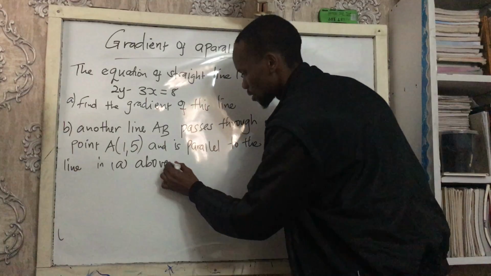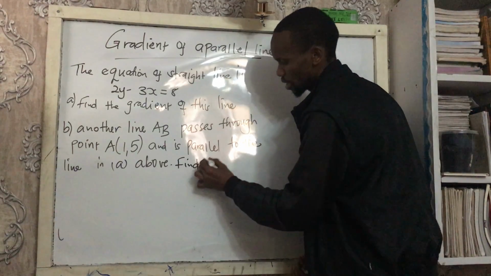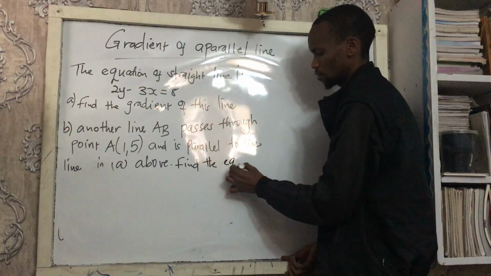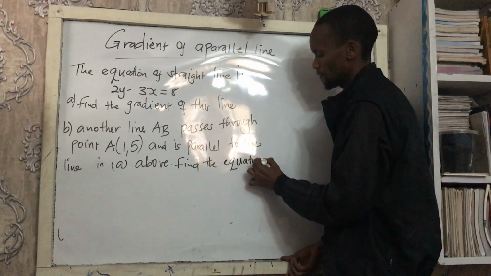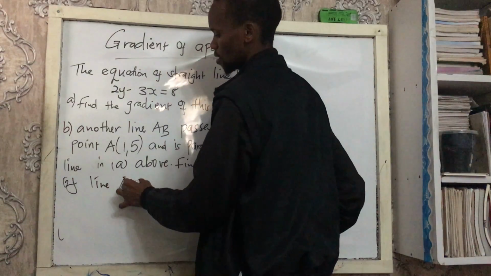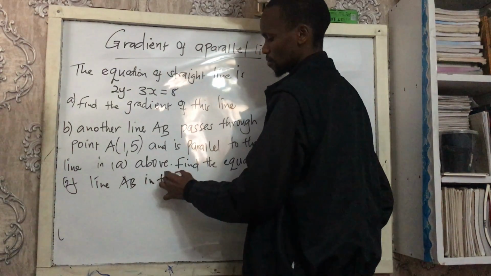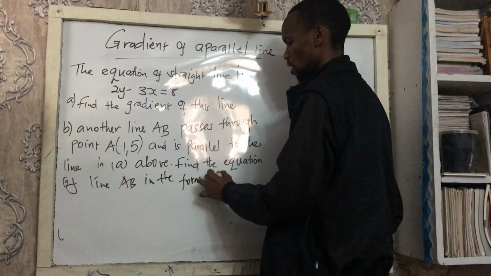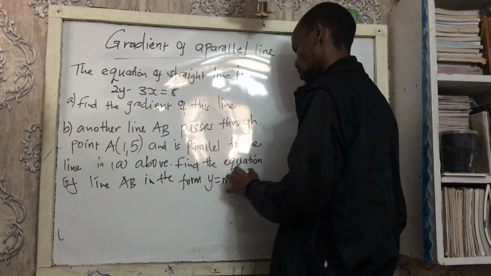Find the equation of line AB in the form y equals to mx plus c.